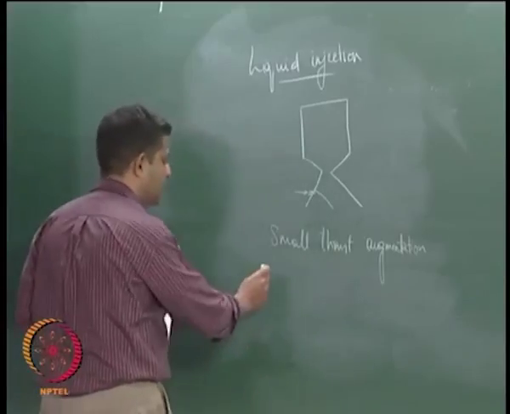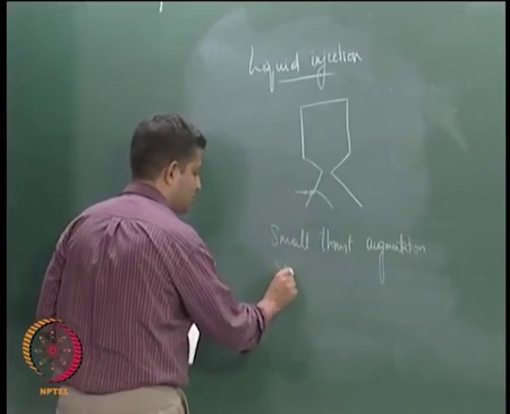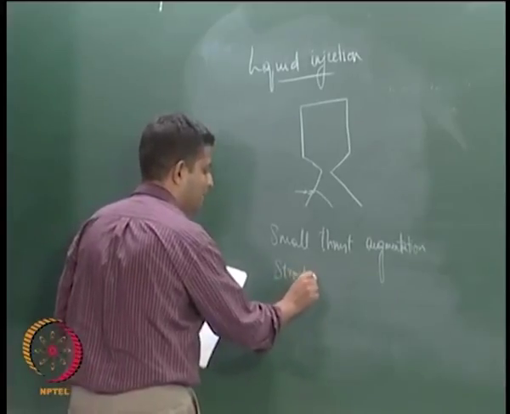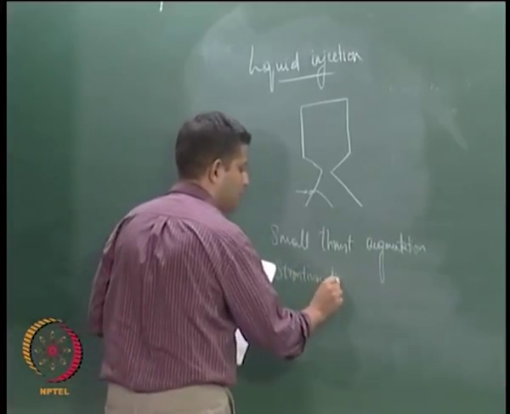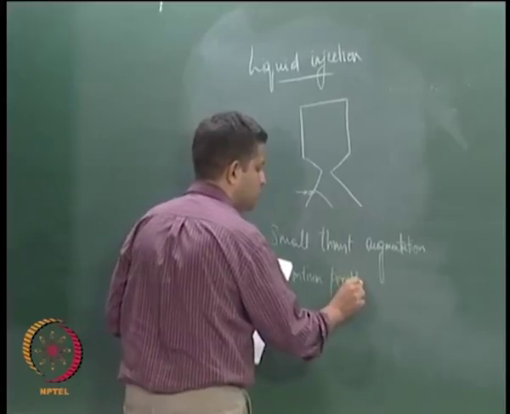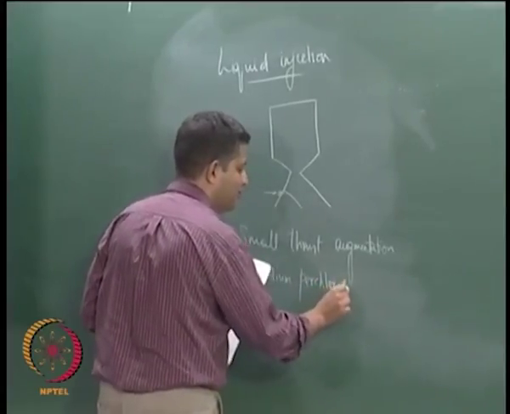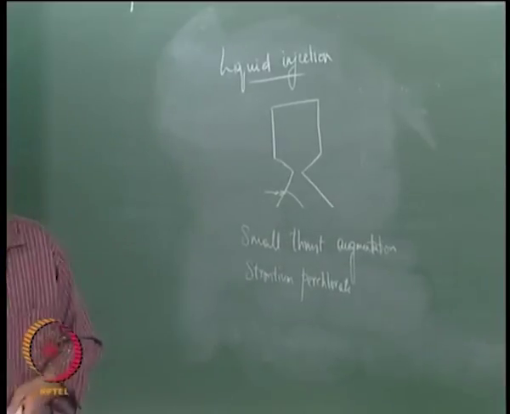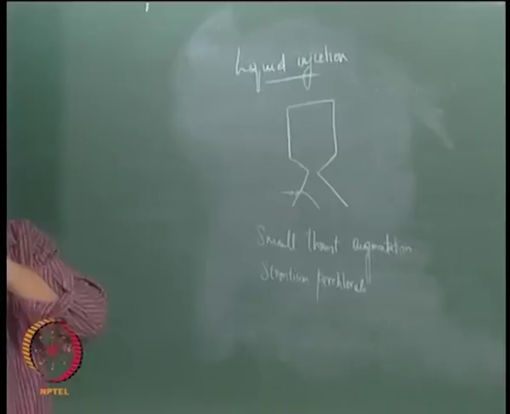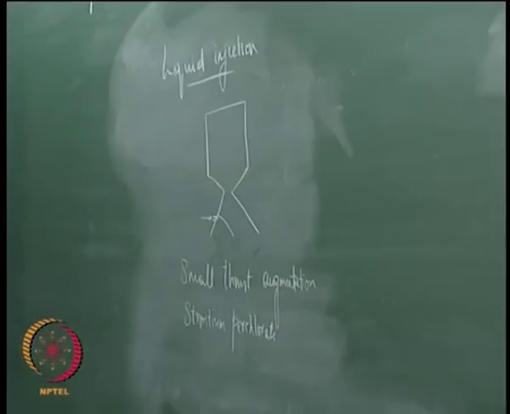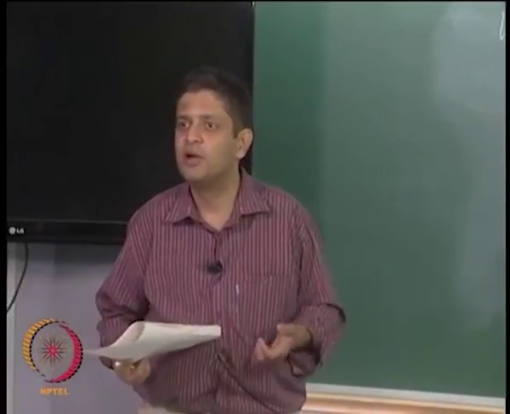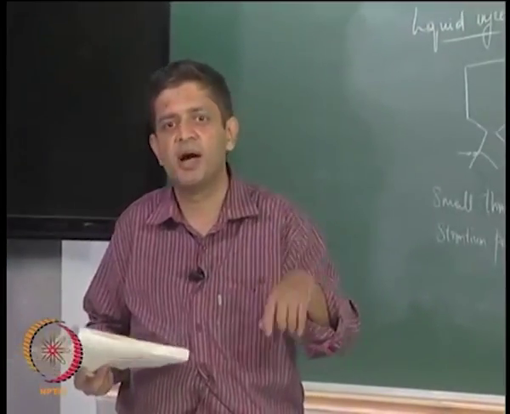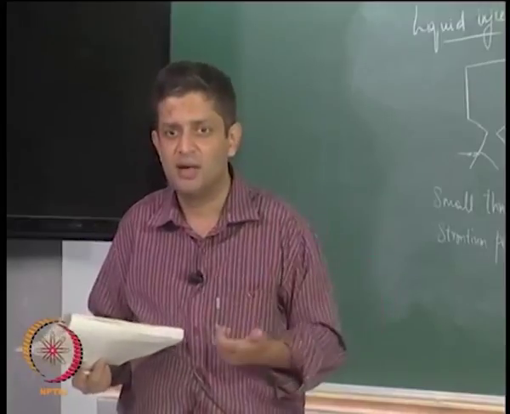The liquid that is used is strontium perchlorate. Now the reason for using such a liquid is, if you look at the momentum of the jet that is coming through, if you are injecting, this jet needs to have a higher momentum than the gas jet.